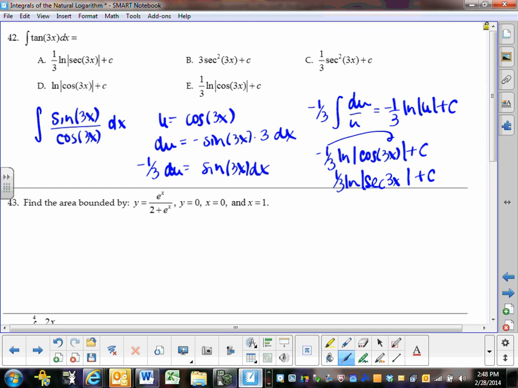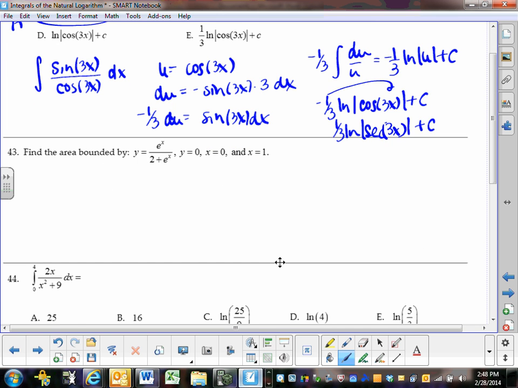Okay, for number 41, it asks how far the particle travels from time 0 to time 2. Okay, total distance traveled is actually this. It's the integral of the absolute value of velocity with respect to time from 0 to 2. So it's speed times time, total distance traveled.